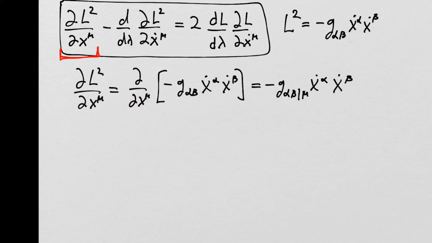That's why these are partial derivatives. It's holding everything else constant. So you're holding ẋ constant throughout this, and you're only changing x itself, and you're not changing lambda either. So the only thing here that's strictly speaking a function of x is the metric itself.